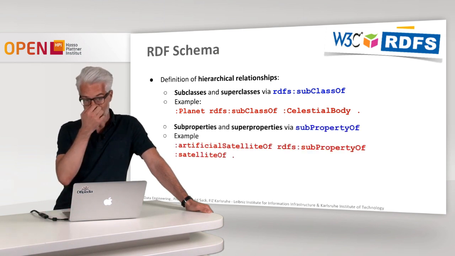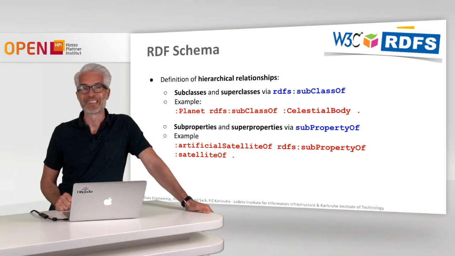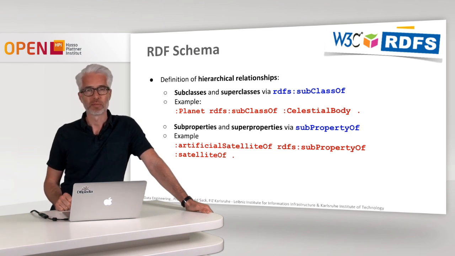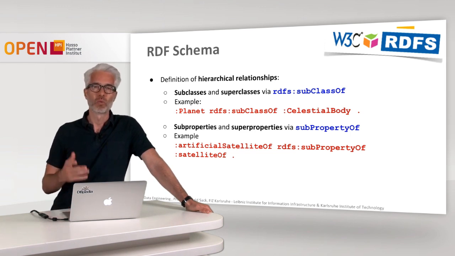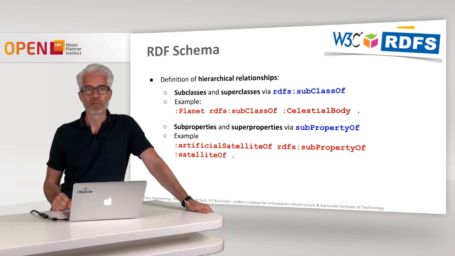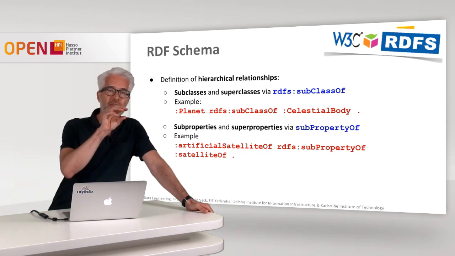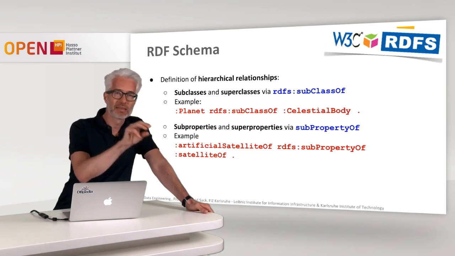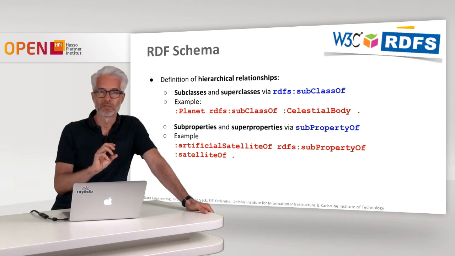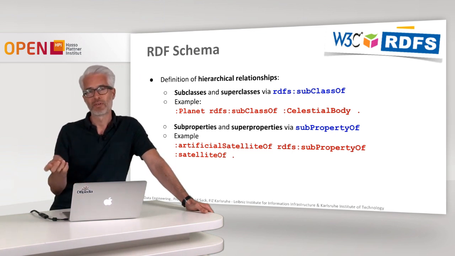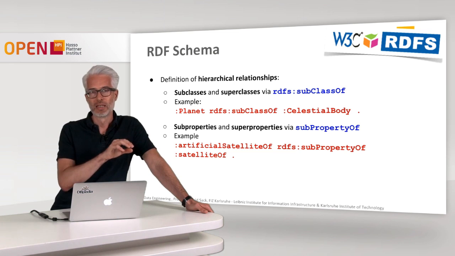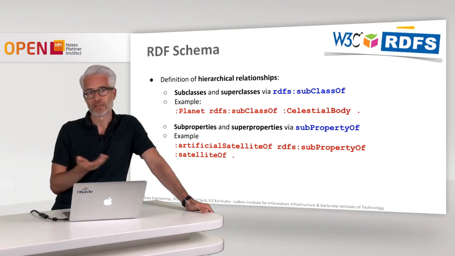And if we look at the other example for properties, you can define subproperties and superproperties with the help of the subproperty of keyword that you have here. Then you say, for example, that the property artificial satellite of is a subproperty of satellite of, which means everything which is connected via artificial satellite of likewise is also connected via satellite of.